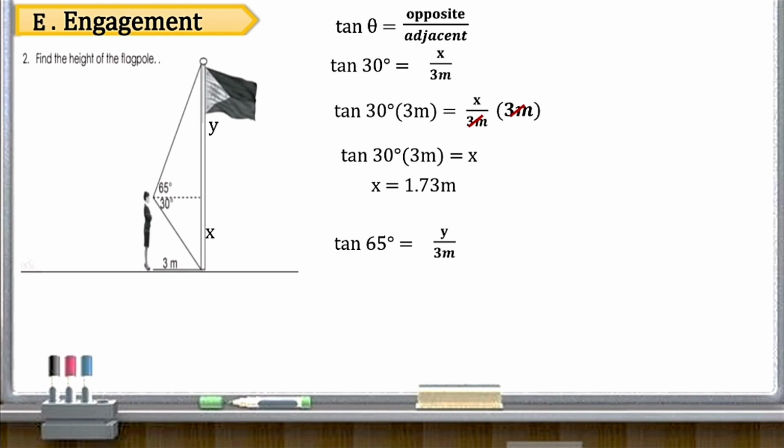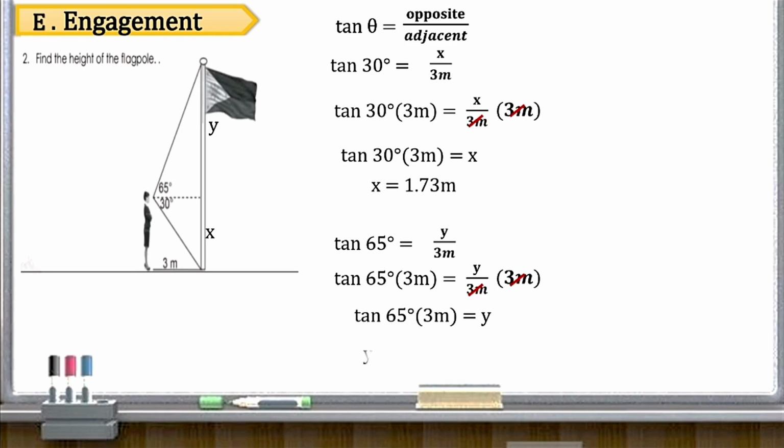Then, multiplication property of equality, multiply both sides by 3 meters. Tapos, cancel natin class yung 3 meters. So, ang matitira is tangent 65 degree times 3 meters is equal to y. So, dito, pipindutin na lang uli natin class sa calcu. So, press tangent 65 times 3 meters.